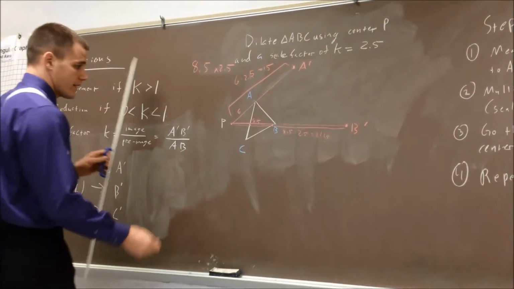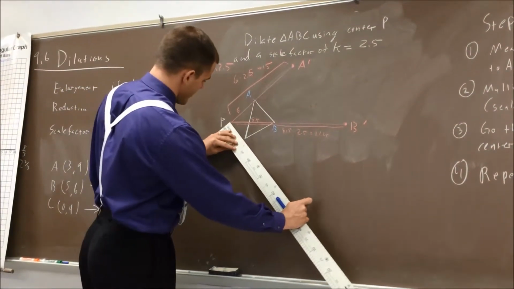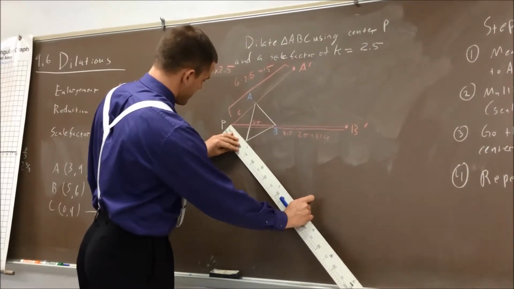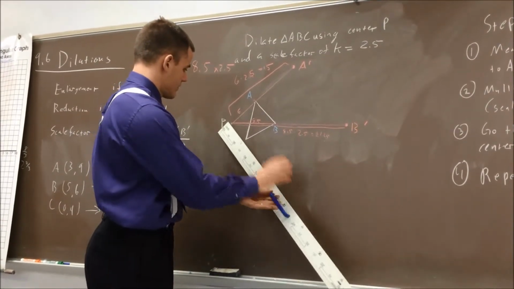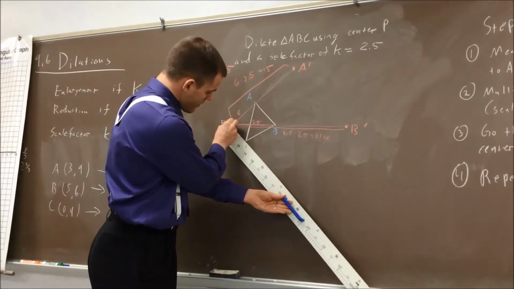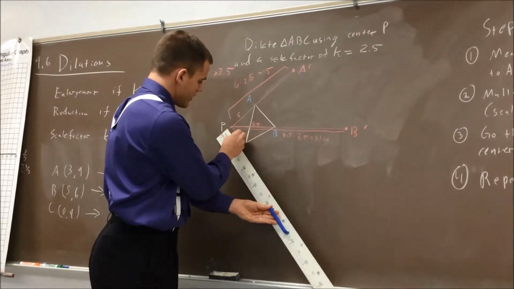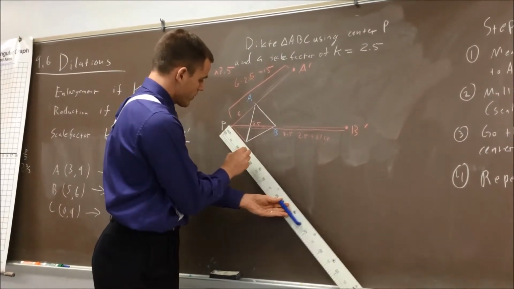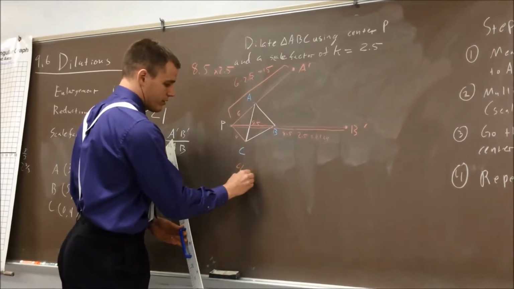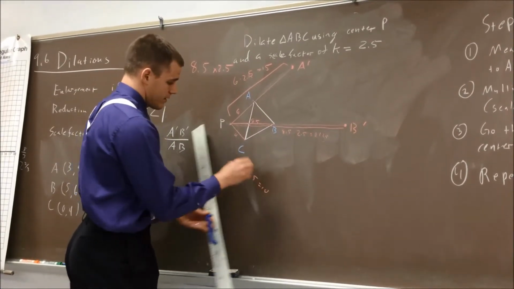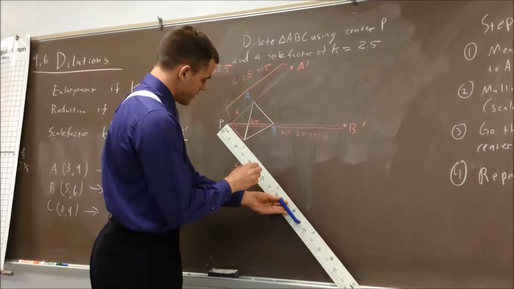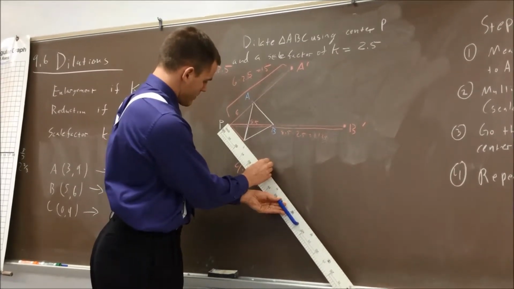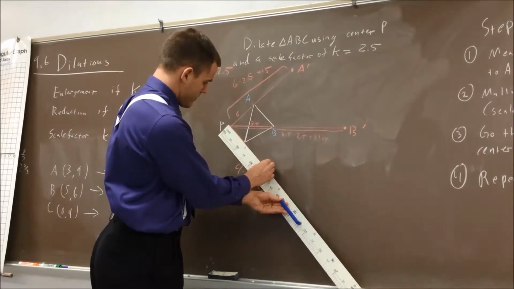And I do the same thing for C. Here to here is 4. So 4 times 2.5 is going to be 10. So I go out here, 10 units. Make my dot.